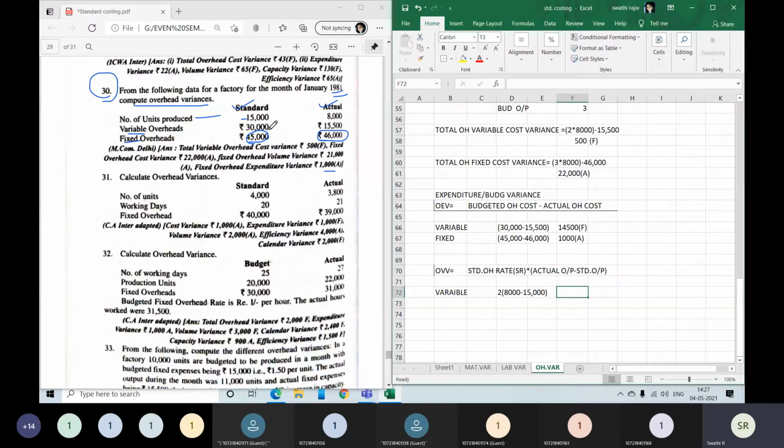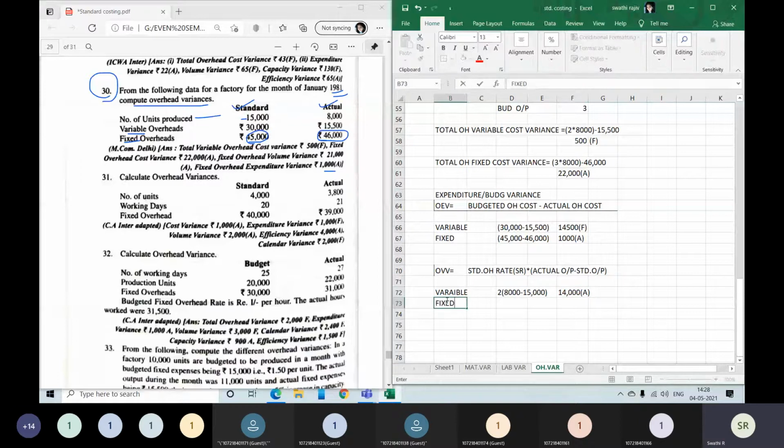Ma'am, is it 30,000, 8,000 minus 30? Why is your voice very weird and getting cut off? What is 15,000 minus 8,000? It's 14,000, right? It's adverse, ma'am. 14,000 adverse. Right. Now for fixed, how much is it?